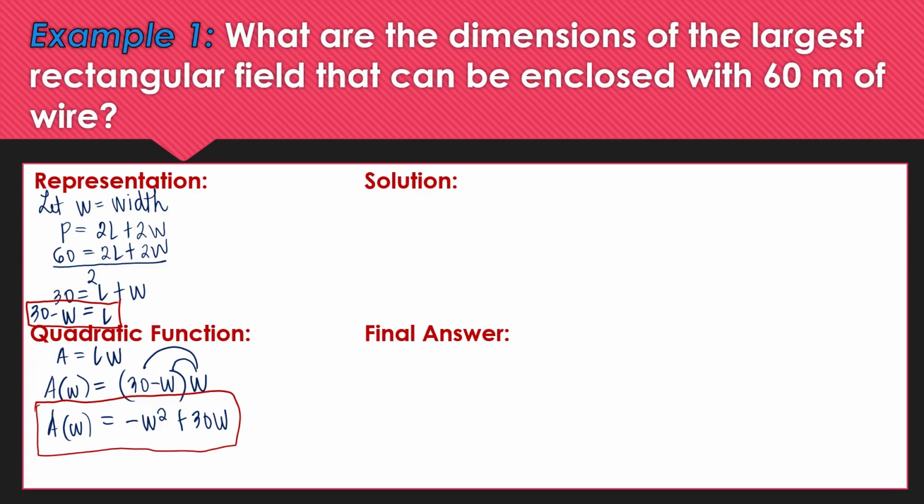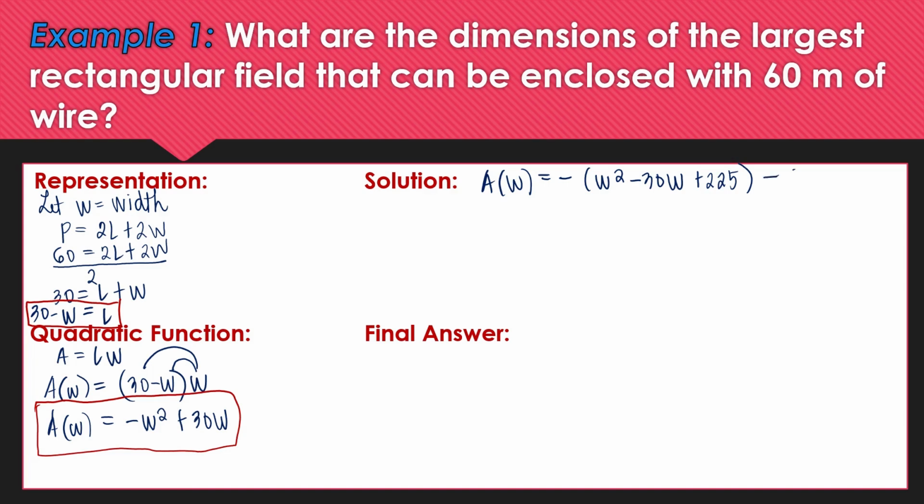A of W is equal to, I'm going to factor out the negative sign, and then inside the parentheses, W squared minus 30W. Using the completing the square method, 30 divided by 2 is 15, and 15 squared is 225. Then I will subtract 225 times a, which is negative 1, so negative 225 outside the parentheses.